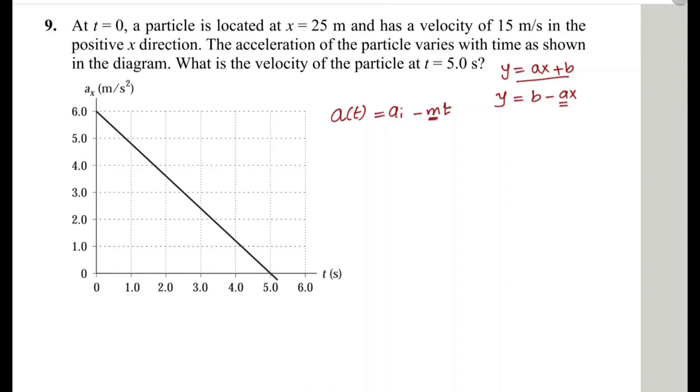Now, to find the slope of this line, you just find tan theta, assuming that this is theta, equal to this here divided by this. So it's equal to 6 over 5. In other words, the slope of the line is equal to 6 over 5.